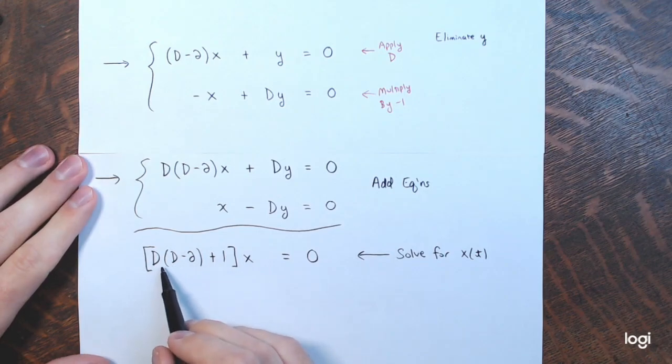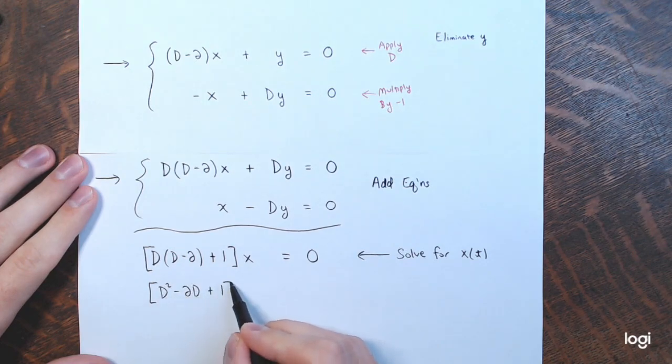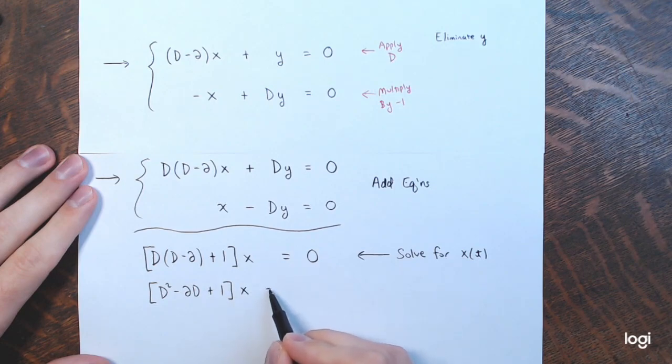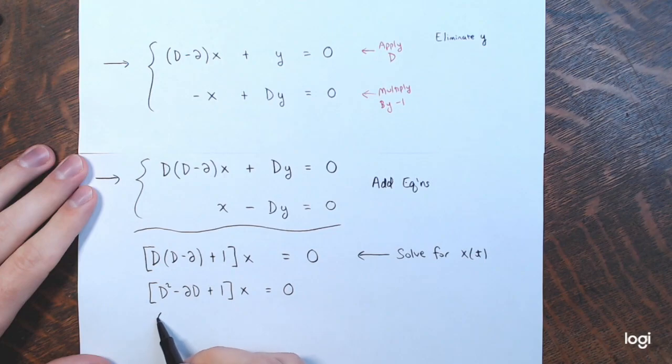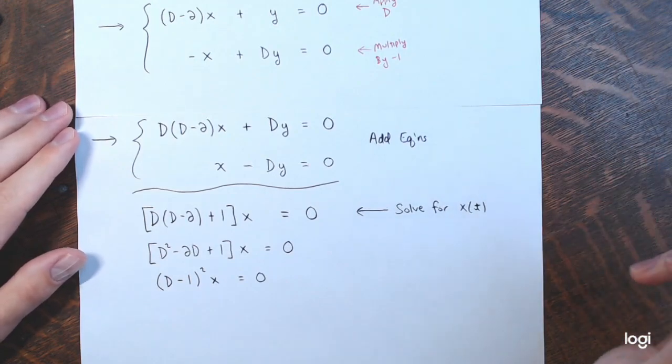Well, this operator here is actually D squared minus 2D plus 1 times x equals 0. And this is nice and factorable. This is (D minus 1) squared times x equals 0. And hopefully you recall annihilators.